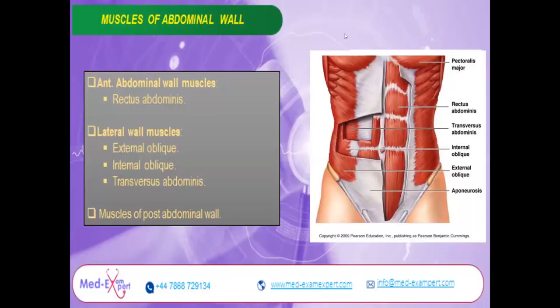Okay, let's see the other layer. We started with the skin and talked about its important characteristics, then the superficial fascia, and now the musculoaponeurotic layer, or the muscular layer of the anterior abdominal wall.